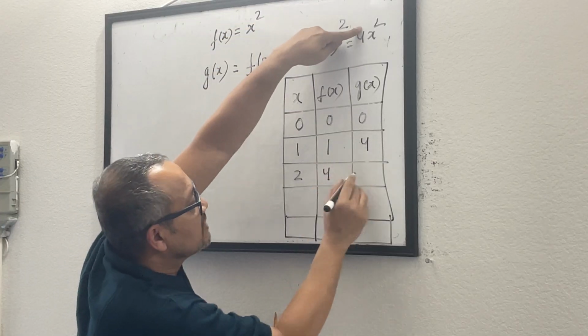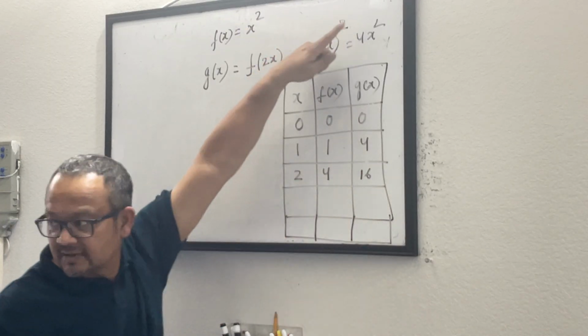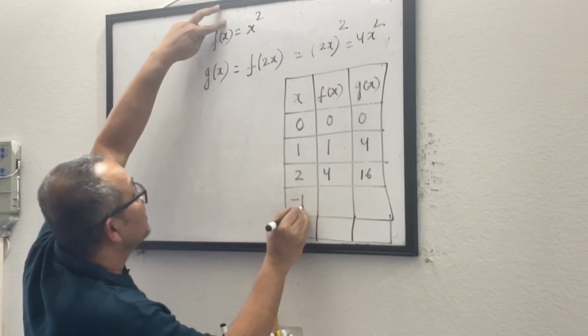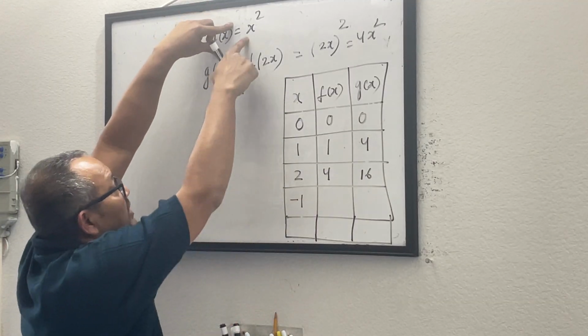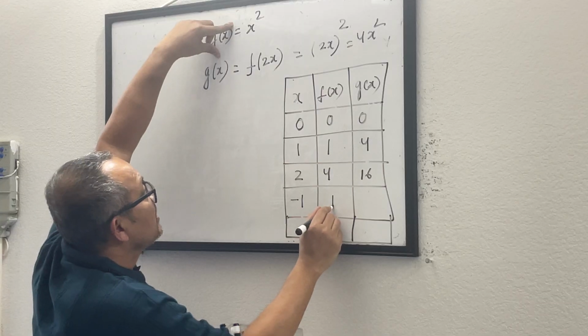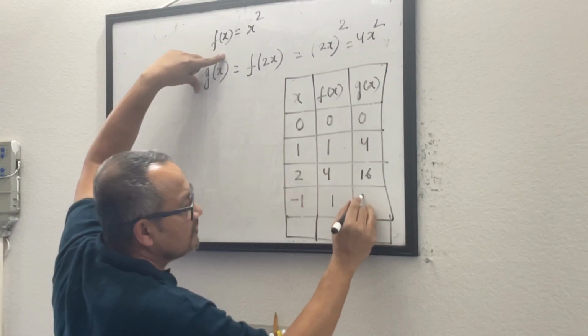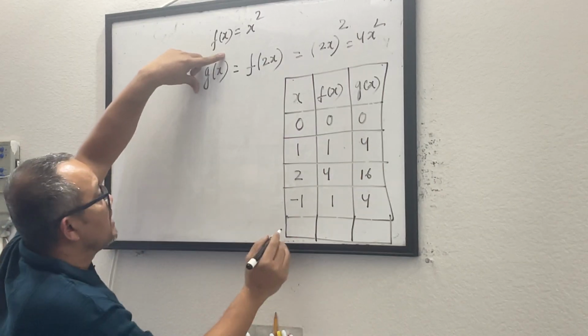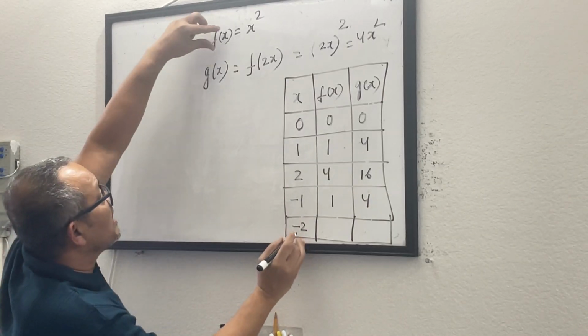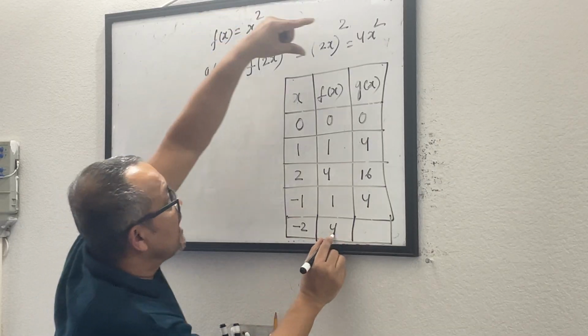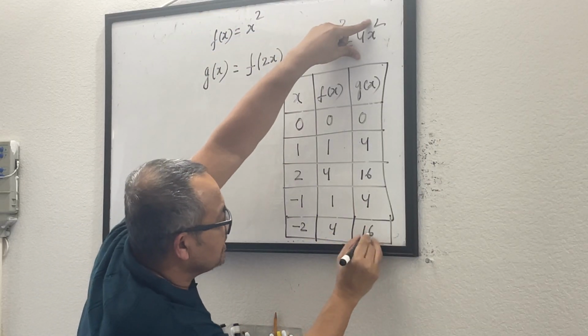And this guy will be 4 times 4, 16. When x is minus 1, f of x will be minus 1 squared, that will be 1. g of x will be 4 times minus 1 squared, that will be 4 again. Similarly, when we go for x equal to minus 2, f of x is minus 2 squared, which is 4, and g of x will become 16 again.